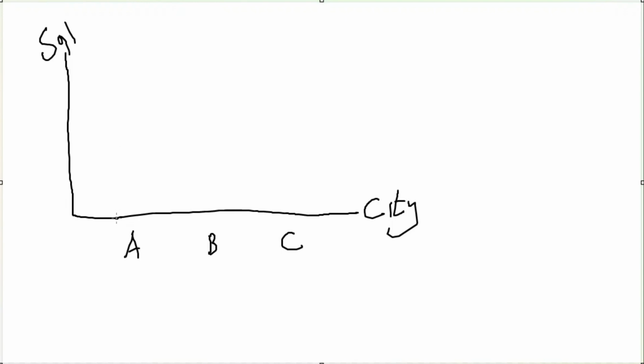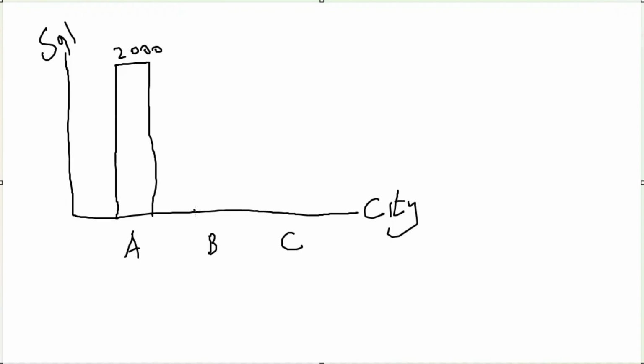So for city A we will make a bar that represents the average salary for this city. Let's say that it is 2,000. This is the average salary for city A.